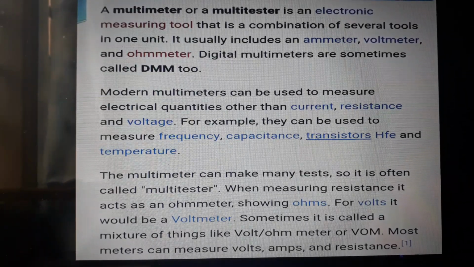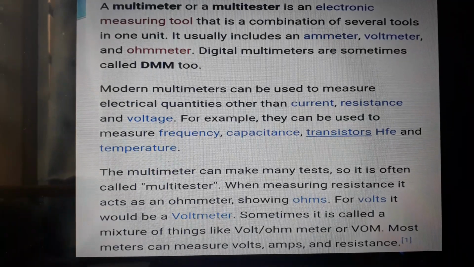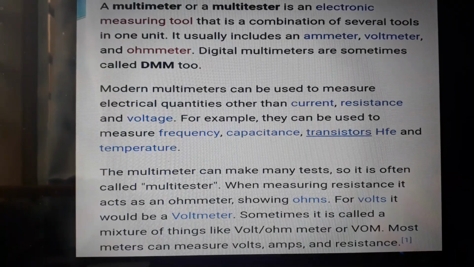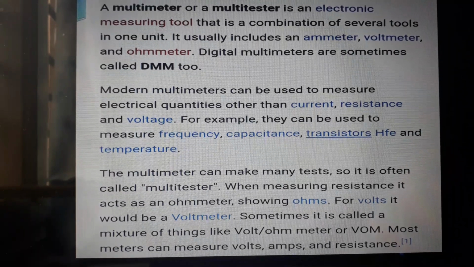The multimeter can make many tests, so it is often called a multi-tester, because it can test many quantities.